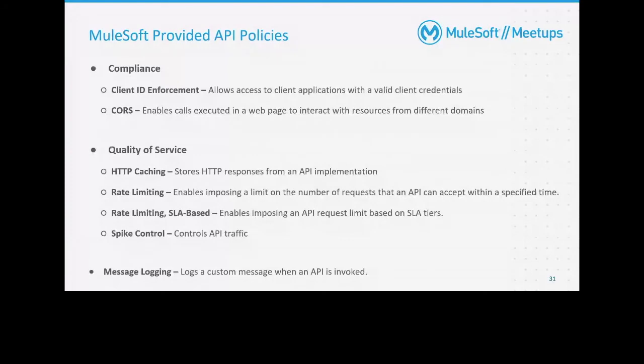The QoS policies such as rate limiting, spike control, caching, these can also act as an additional layer of security when you're trying to control unauthorized requests or traffic that is coming from the internet. And then you have the message logging facility. So if you want to log a custom message when an API is invoked, this policy can be used for that.